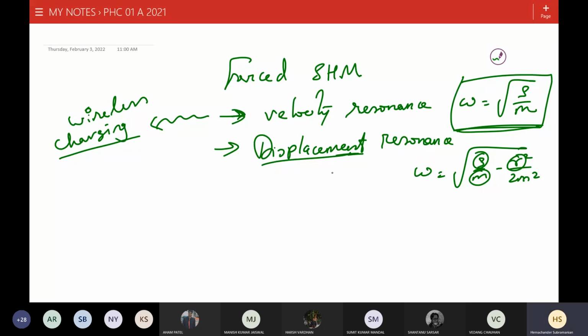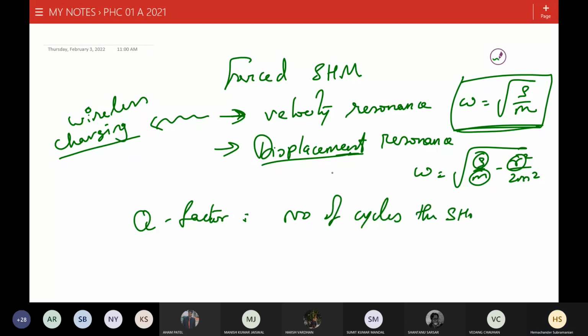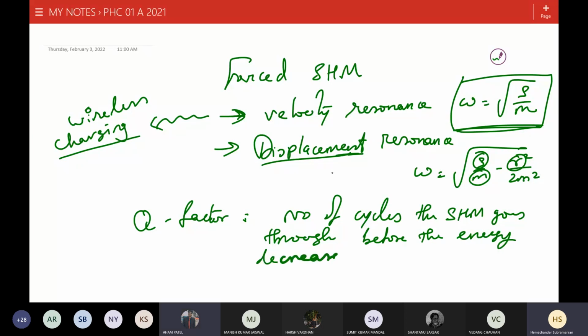We have earlier looked at quality factor, Q factor, as the number of cycles the SHM oscillates through before the energy decreases by what? By a factor of 1 by e.